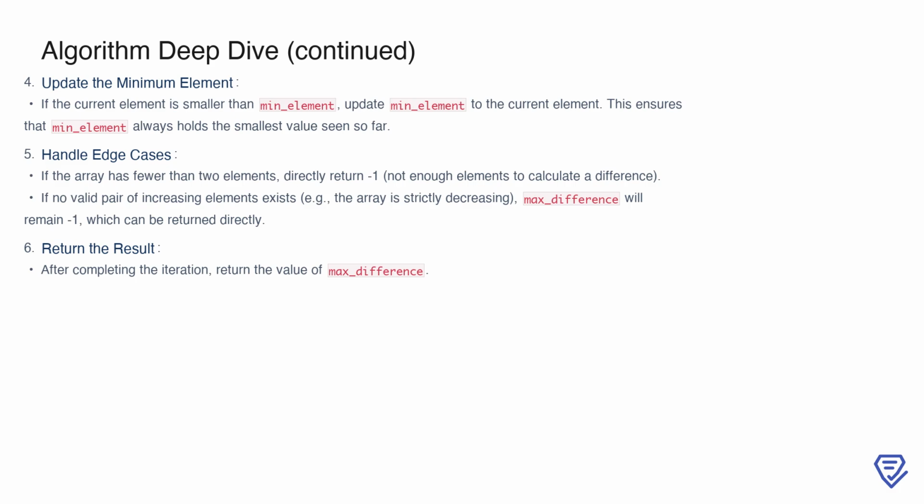Similarly, if the array is strictly decreasing, meaning no valid pair of increasing elements exists, the max_difference will remain -1, which we return. Once the iteration is complete, we return the value of max_difference as the result. This algorithm efficiently identifies the maximum difference while ensuring edge cases are handled appropriately.